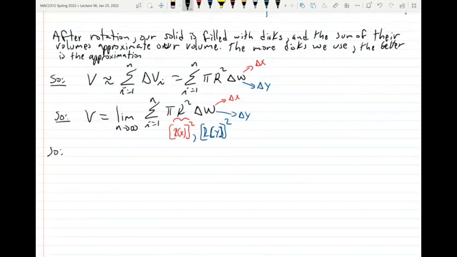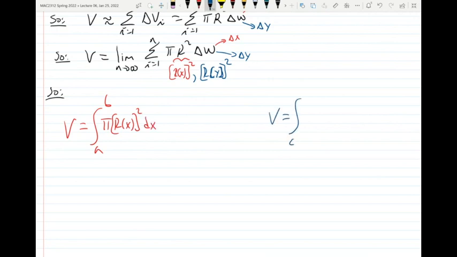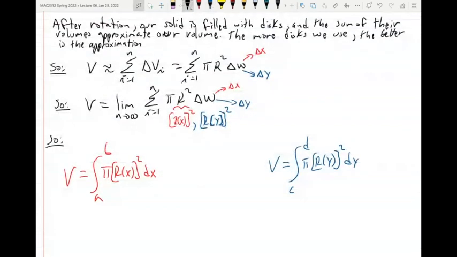Moral of the story, we obtain that in the red case, the volume is going to be the integral from a to b of pi r of x squared dx, where delta x becomes dx. In the blue case, the volume becomes the integral from c to d of pi r of y squared dy, where delta y becomes dy. Okay?